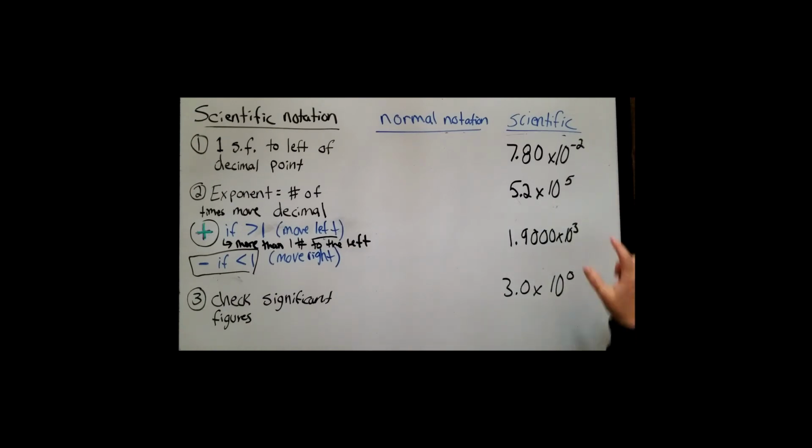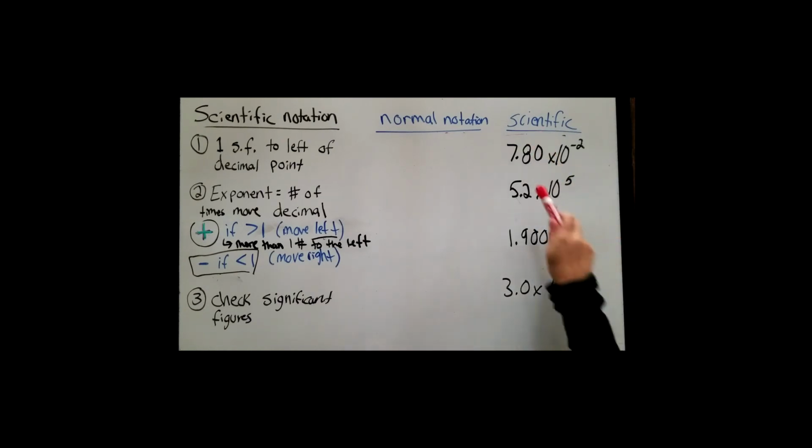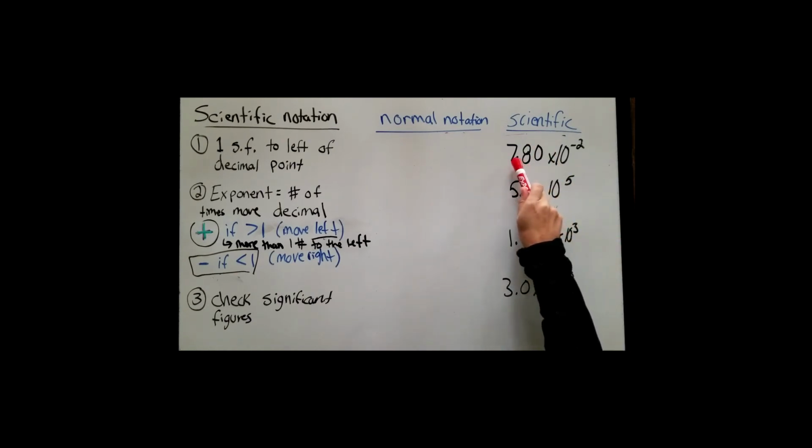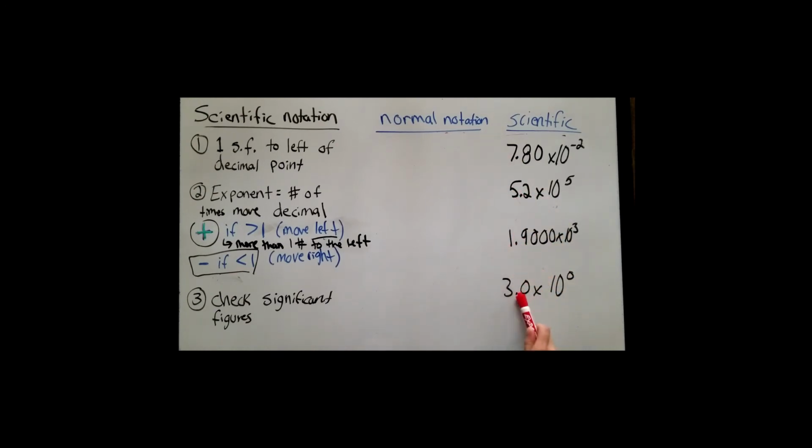How do I know that? Well, first of all, not only are there exponents, but notice for every single one of them, there's only one non-zero number to the left. One non-zero number to the left. Okay, so these are correct scientific notation forms. We are going to now change them and see what they will look like in normal notation.